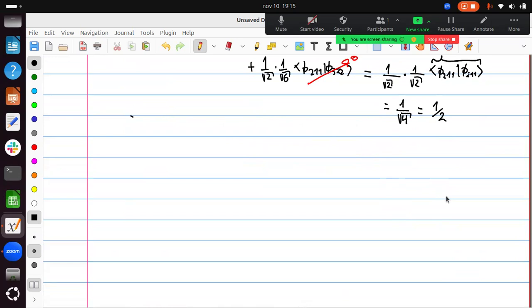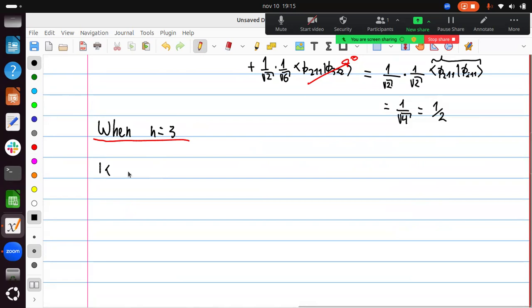So let's continue with the calculations. Now when the energy level is equal to 3, when n is equal to 3. In this case, we're going to have the next expression.